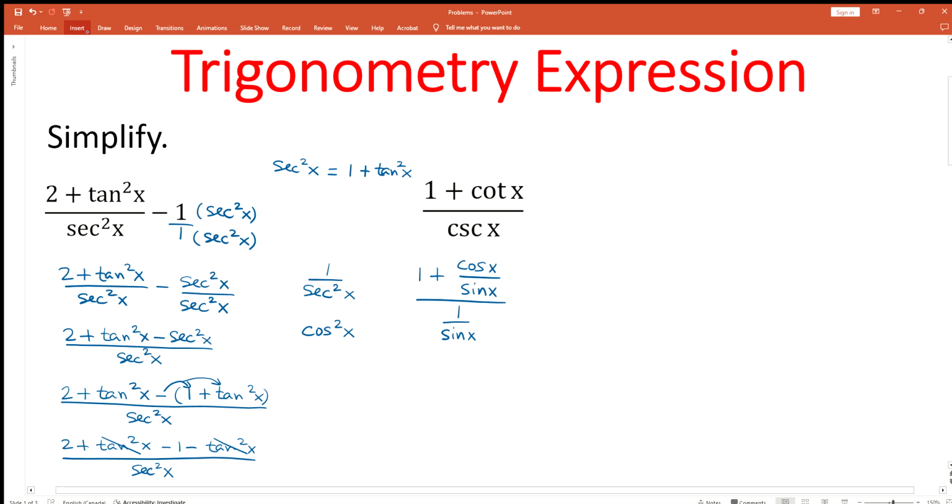The denominator of 1 is 1. We can combine these fractions by finding a common denominator. The common denominator is sin x, so we should multiply 1 over 1 by sin x in the numerator and denominator. Sin x times 1 is sin x.